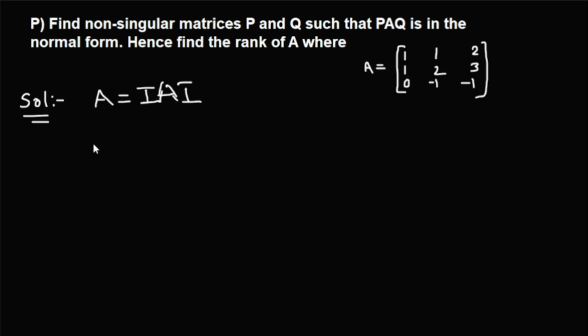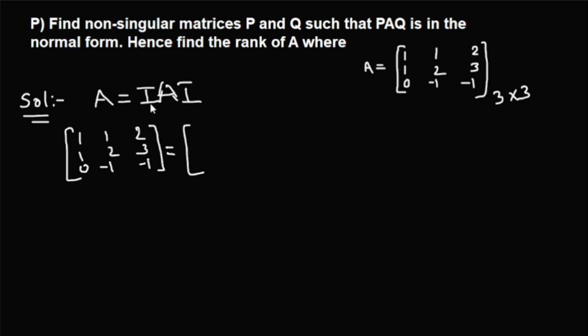The left hand side matrix A is 1, 1, 2, 1, 2, 3, 0, minus 1, minus 1. And because it is a 3 by 3 matrix, both the identity matrices will be of order 3. So it is 1, 0, 0, 0, 1, 0, 0, 0, 1.